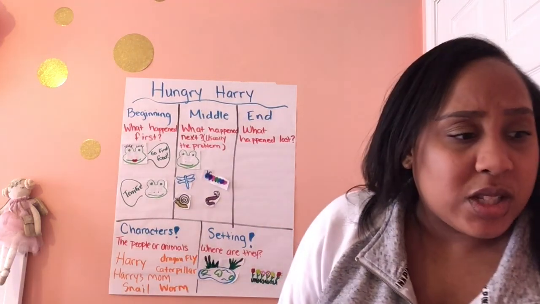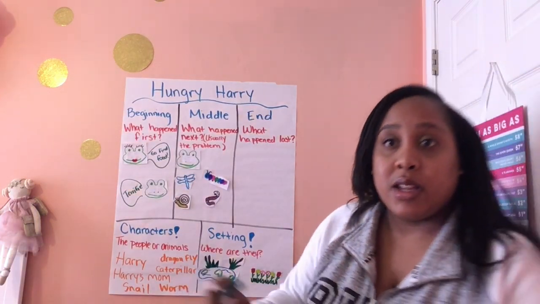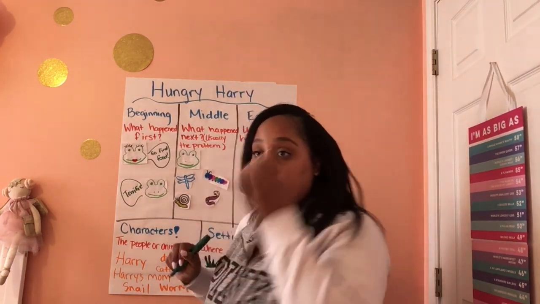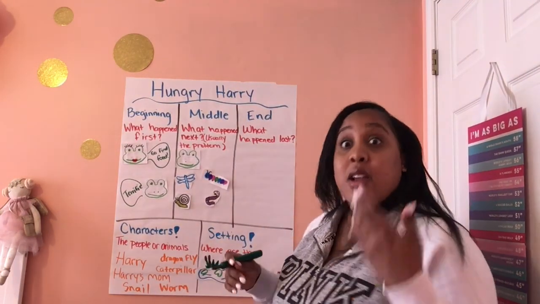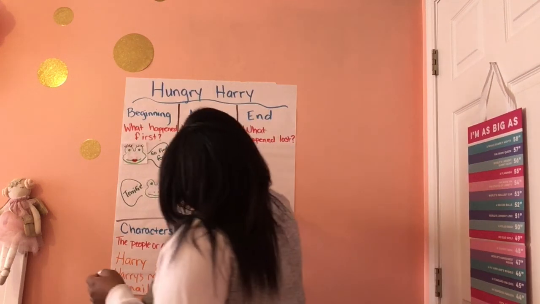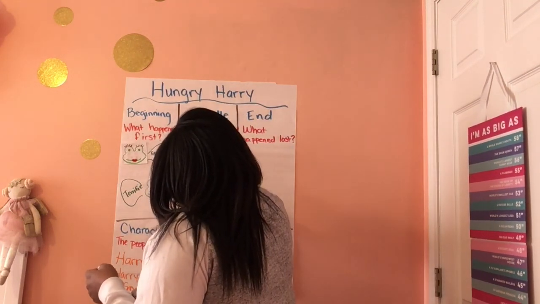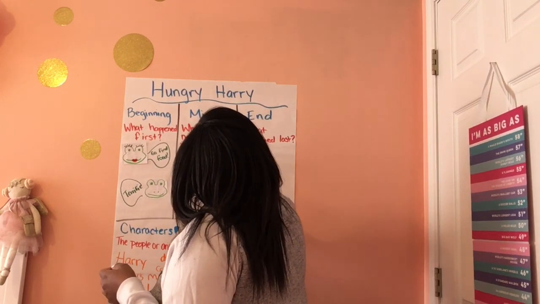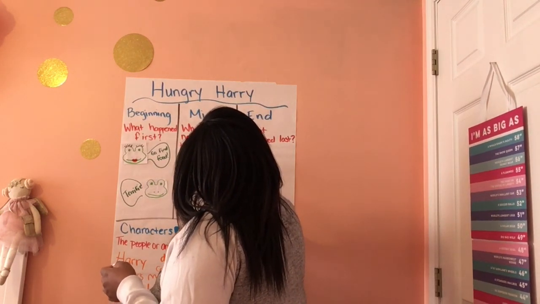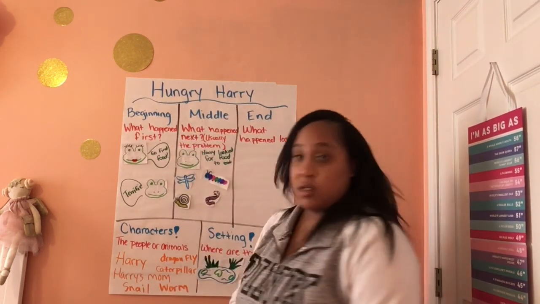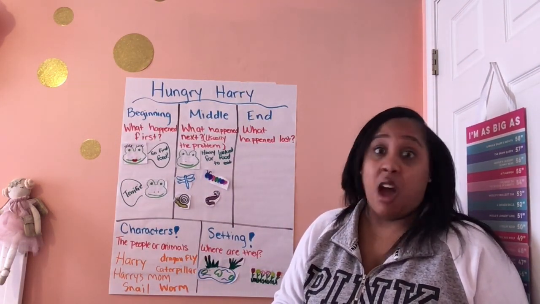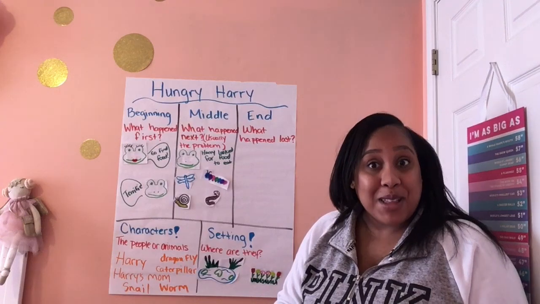What happened next? What was the problem? Harry went where? After he went to go get his food, he went where? He went to look for food. So, Harry looked for food to eat. Could he find food to eat? No. That was our problem, boys and girls.